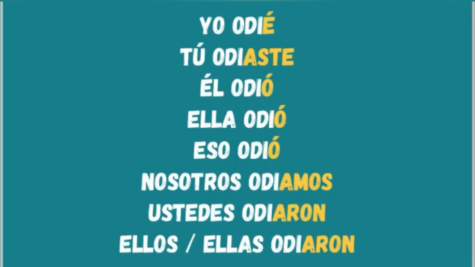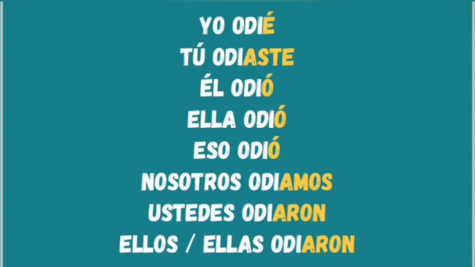Now, if you want to say you hated, you have to say tú odiaste. If you want to say he hated, you have to say él odió. To say she hated, you have to say ella odió.